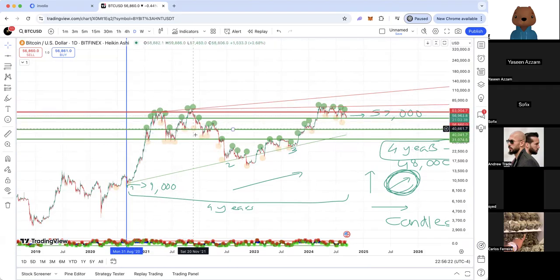The price point of $40,000 on Bitcoin is tapped 1, 2, 3, and so on, up to 22 times.